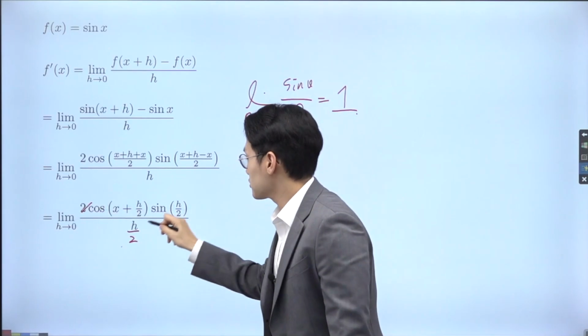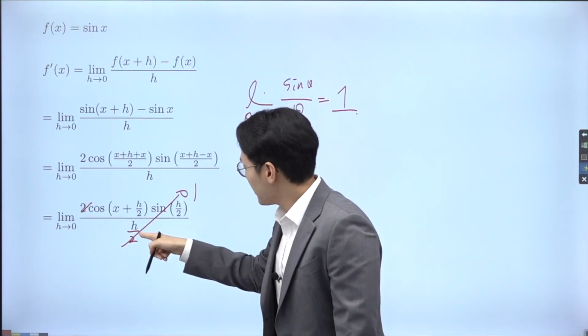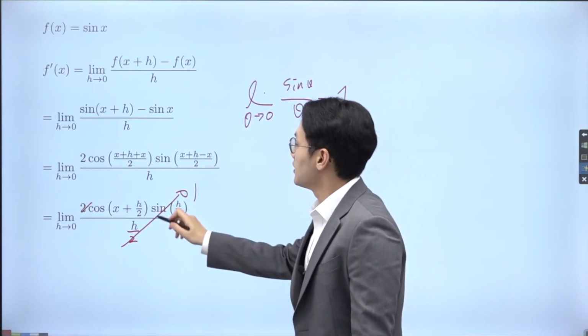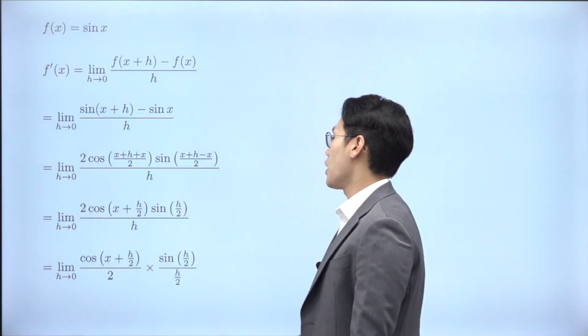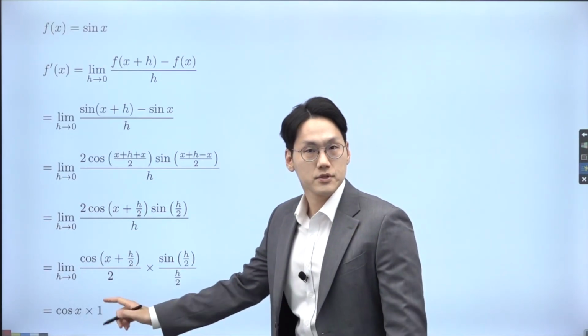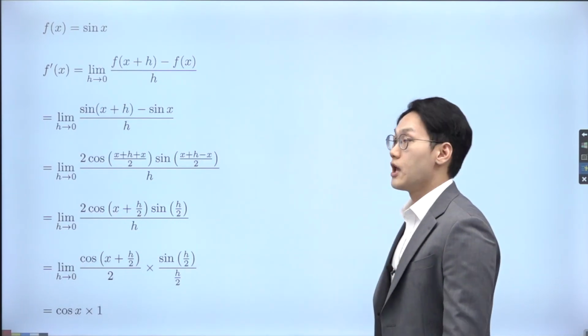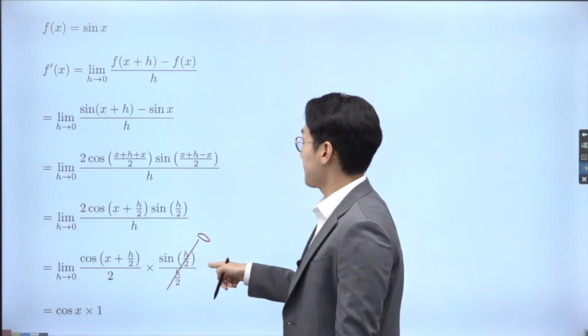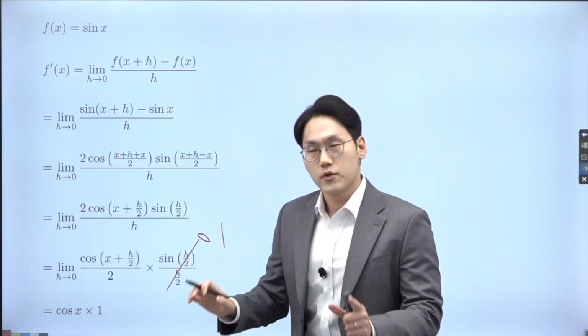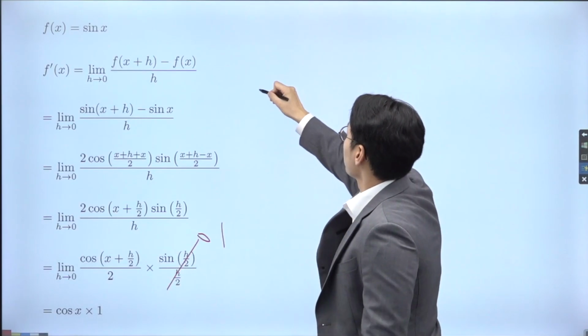So this converges to 1. Now if you send h to 0, the limit here becomes simply 1 times cosine x. Hence the derivative of sine is going to be cosine x. Remember, this limit here becomes 1. But one thing I want to remind you here, please remember the limit.